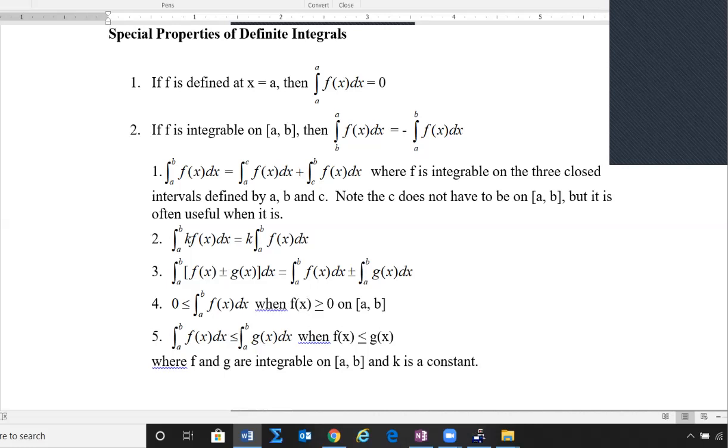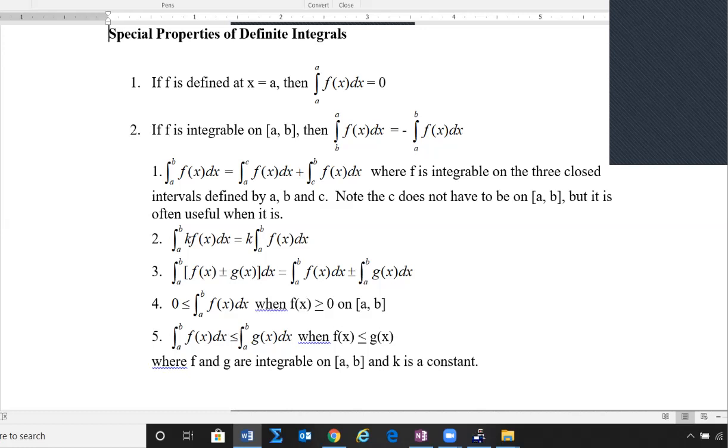Okay, if f is integrable on a, b, in other words, we can find the limit of that Riemann sum, then if we switch the limits of integration, b to a, it becomes the opposite of a to b.